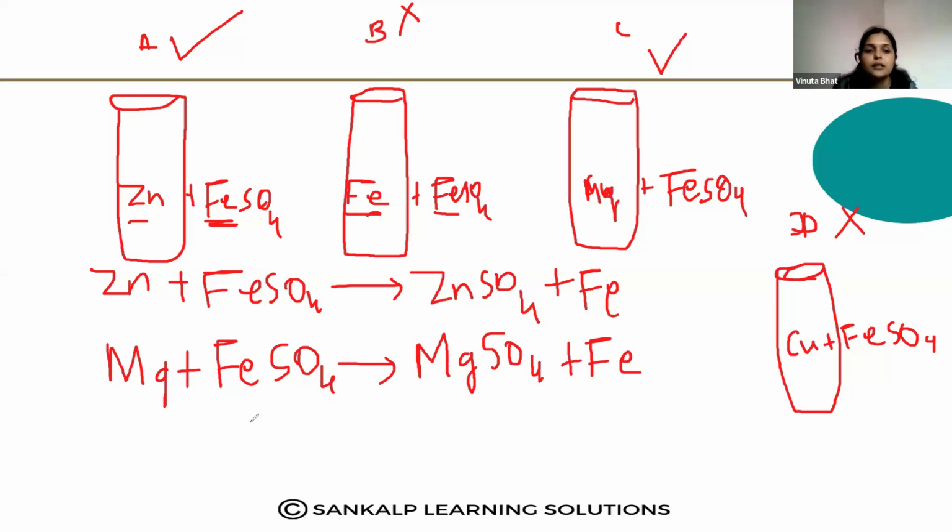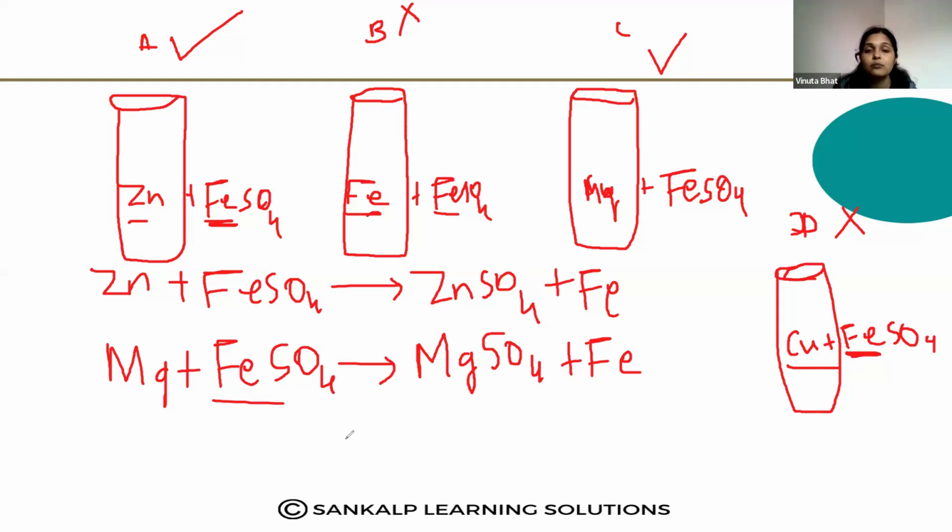So here also the magnesium, which has more reactivity than iron, is able to displace the iron from its solution. So for that the reaction takes place. But copper has less reactivity than iron, so it is not able to displace the iron from its solution. Okay, so that is the reason.